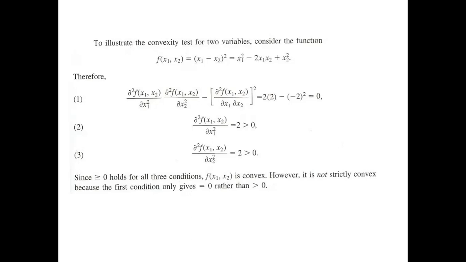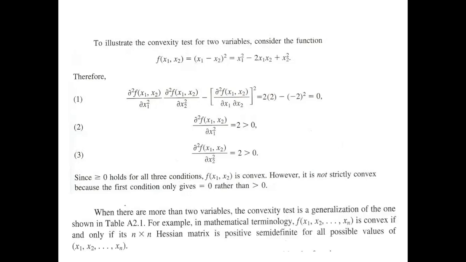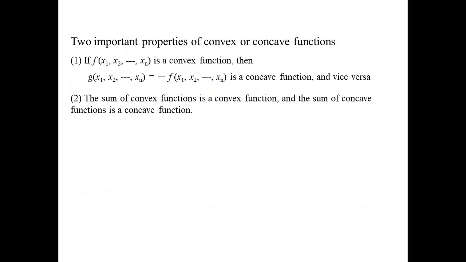The 3 conditions are satisfied, except that the first one is not strictly greater than 0. So when there are 2 variables, the convexity test for the generalization is given here. For example, in mathematical terminology, the function is convex if you have an n by n Hessian matrix which is positive semi-definite for all values.